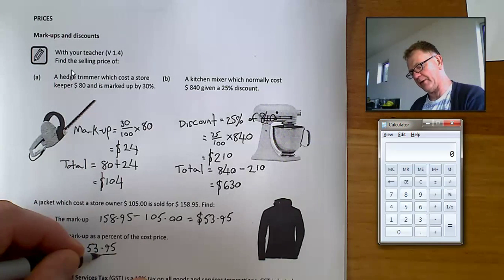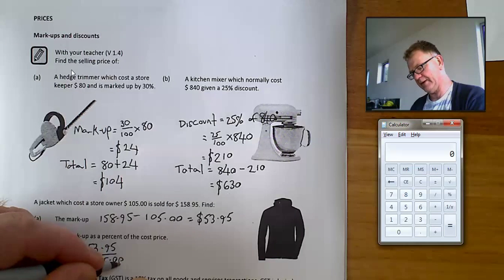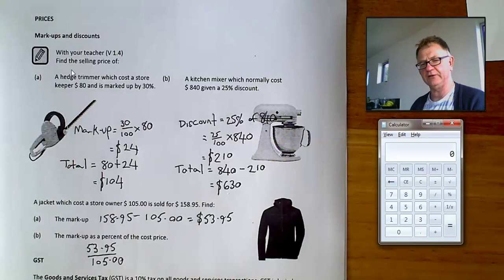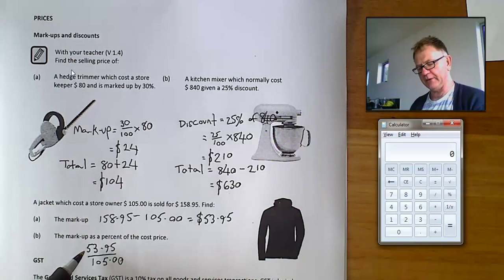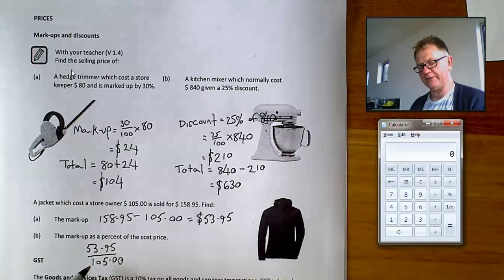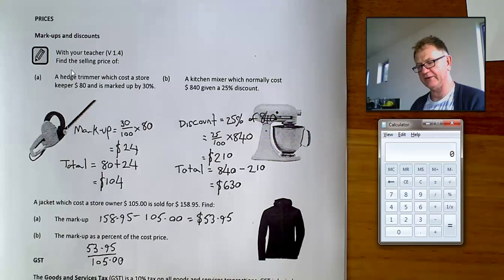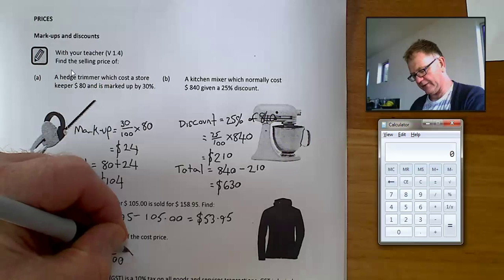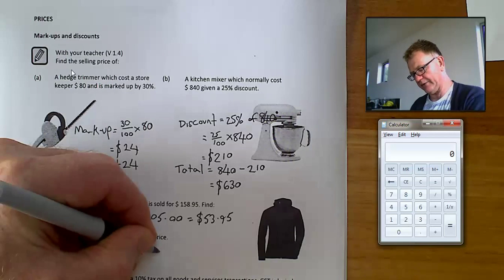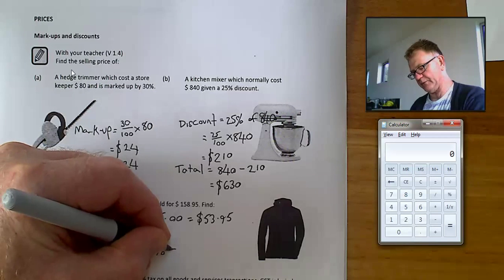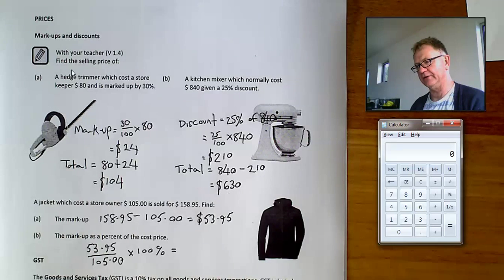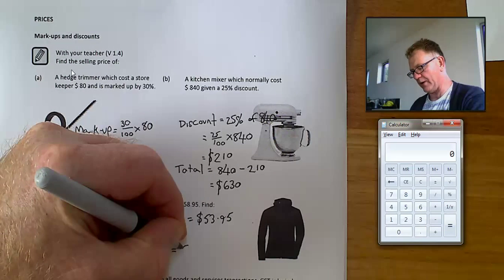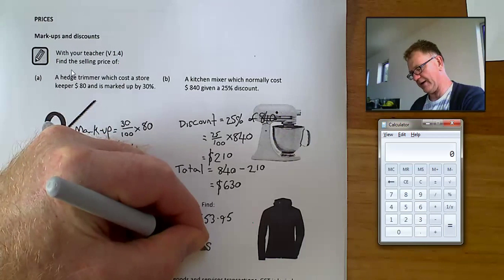So start off by writing it as a fraction of $105. Now turn that fraction into a percent. You do it by dividing 53.95 by 105. That changes it to a decimal. Then times by 100, which changes your decimal into a percentage. On your calculator, 51.38%.